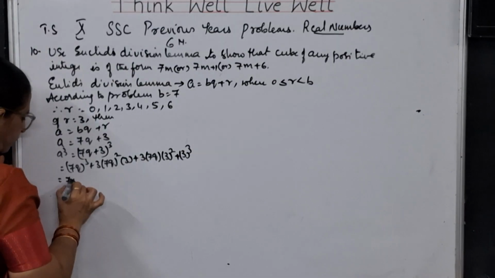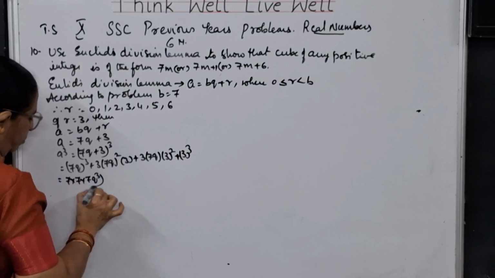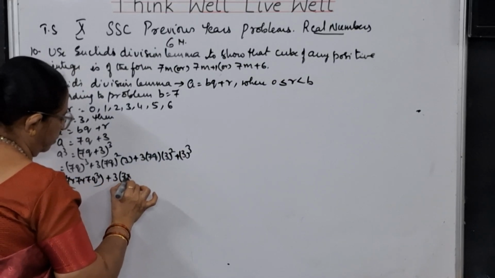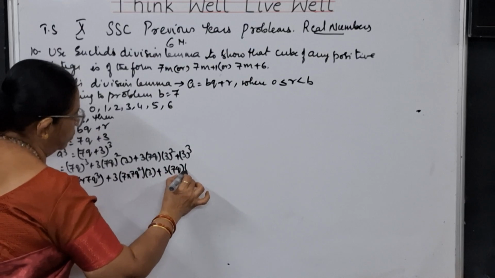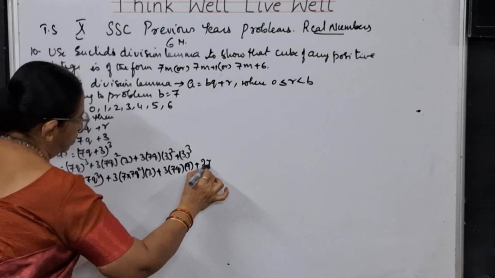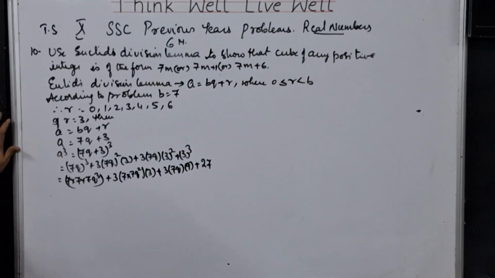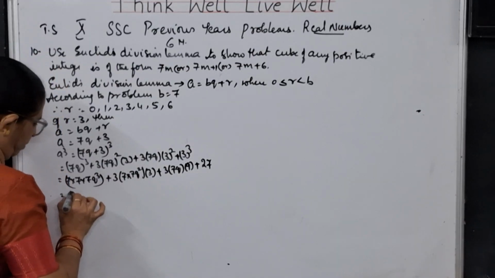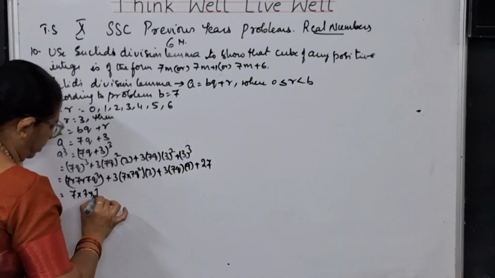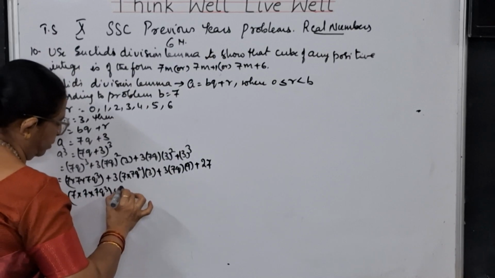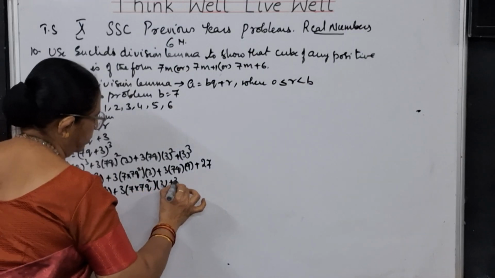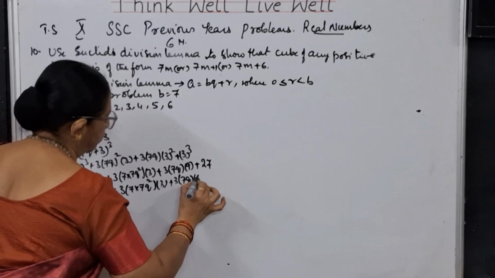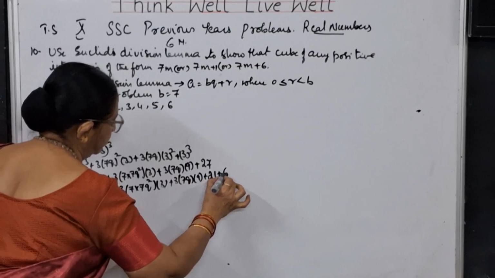So this can be written as 7 into 7 into 7 q cube plus 3 into 7 into 7 q square into 3 plus 3 into 7q into 9 plus 27. 27 can be written as 21 plus 6. 7 into 7 into 7 q cube plus 3 into 7 into 7 q square into 3 plus 3 into 7q into 9 plus 21 plus 6.